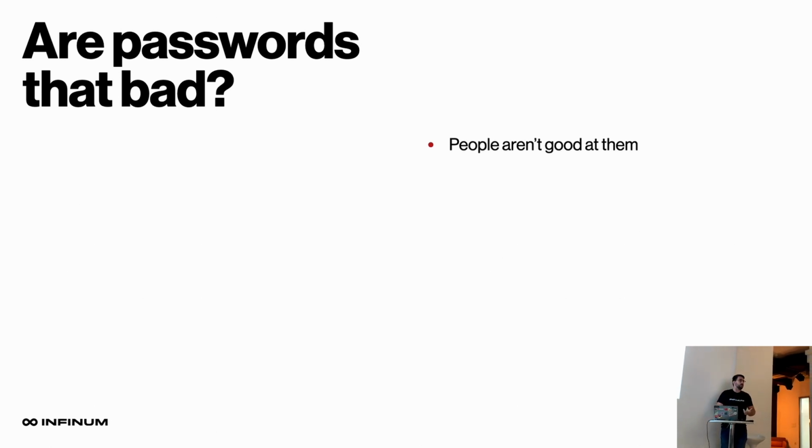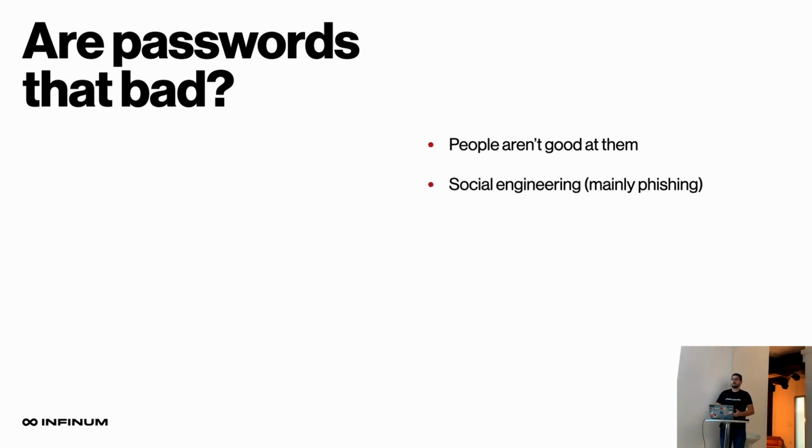So what do we do? We use something rememberable, like 123456, which isn't good, because these simple passwords can very easily be accessed via social engineering, which mainly presents as phishing. So the idea is that you have to have a complex password, but then you don't remember it, so you use a simple password, and then someone easily gets that password from you.